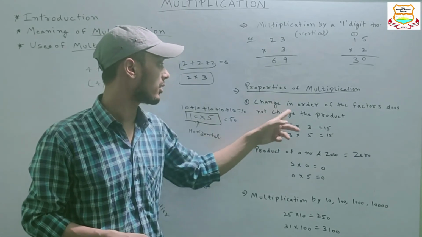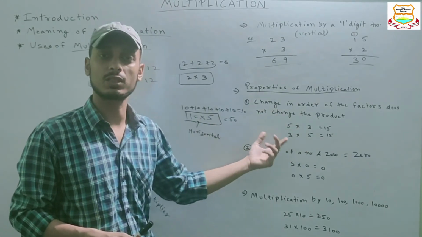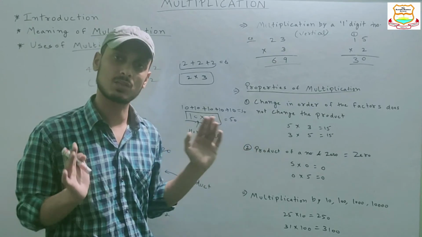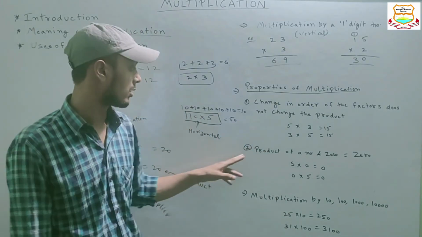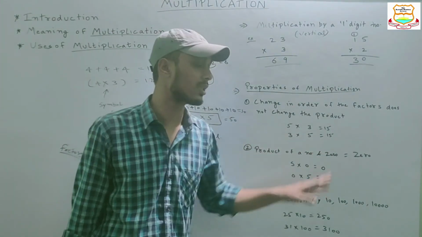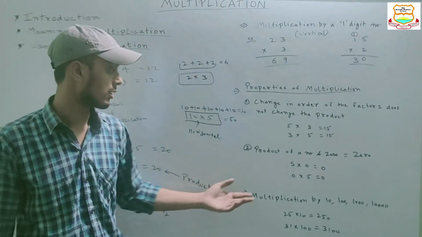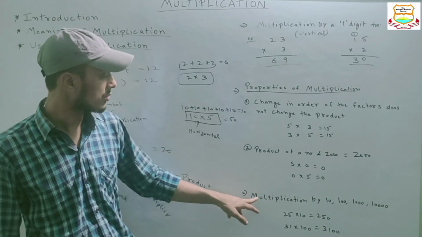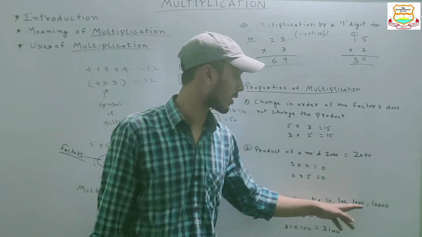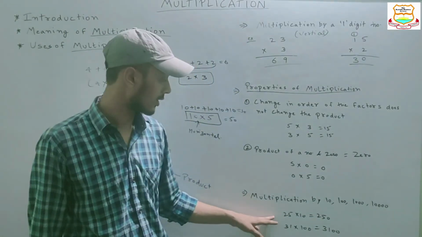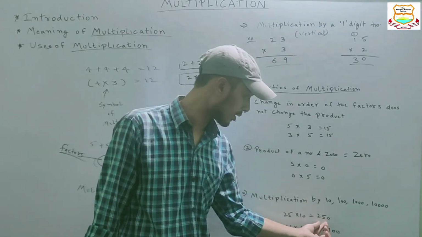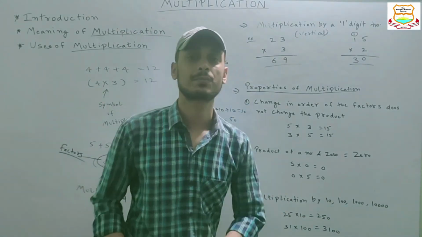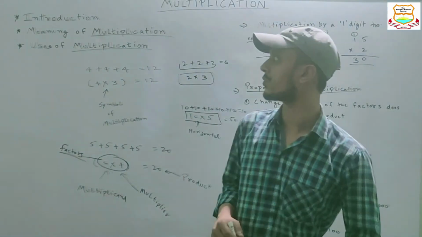One was that if we change the order of the numbers, then the answer will be the same. Then we saw product of a number and 0, and the answer will be 0. At last we saw multiplication by 10, 100, 1000, and simply we have to write that number and put the number of zeros. So the chapter is finished.